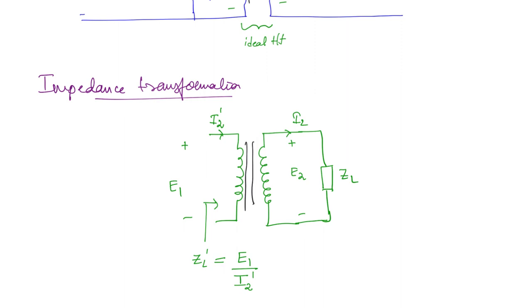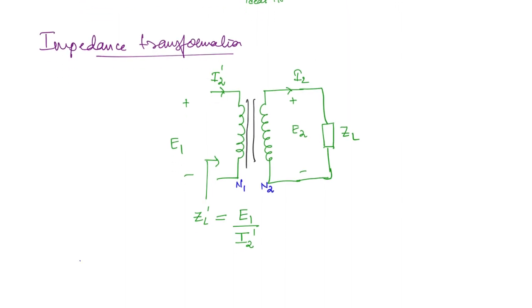So now we will try to express ZL dash in terms of ZL, and if this is the number of turns, if this is N1 and this is N2, then we don't want it in terms of voltages and currents, but in terms of this impedance value and the turns, okay. So what will happen here? ZL, we know, is E2 by I2. Now E2 you can write in terms of E1 as N2 by N1 into E1, right?